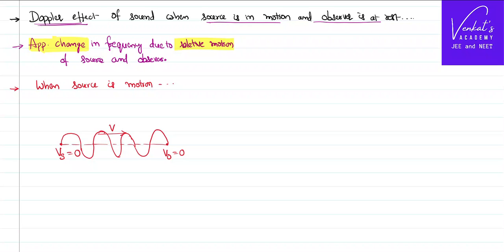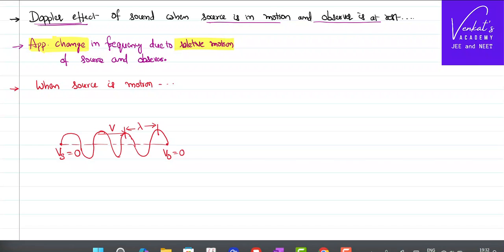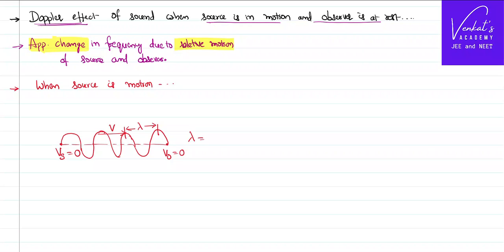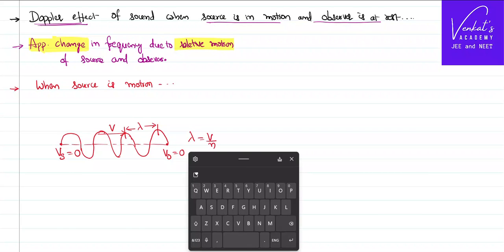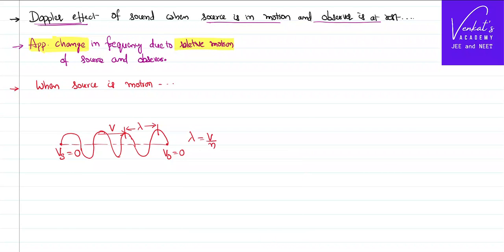We can see the distance between two successive compressions or rarefactions or crests or troughs is called the wavelength lambda. So if I have to write an equation for lambda in this case, lambda is simply V by n, where V is the velocity of the sound, n is the frequency of the source. This is when both observer and source are at rest.